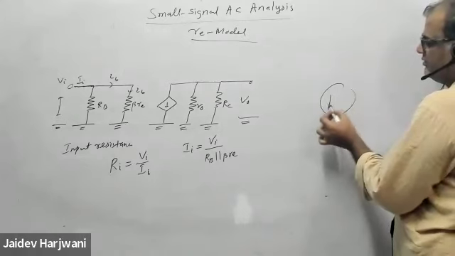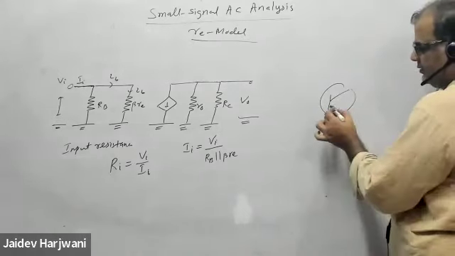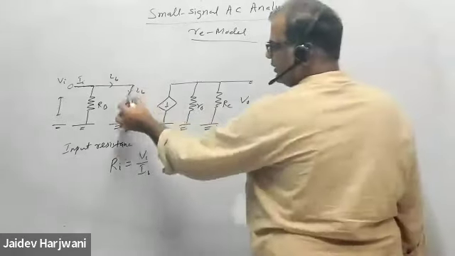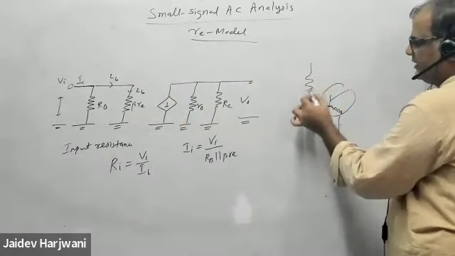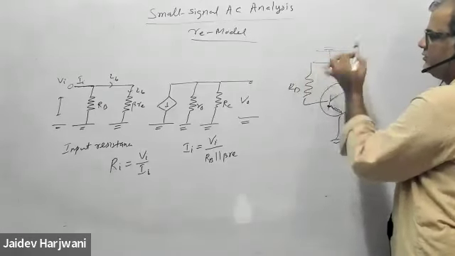See, this is the resistor, connected from here to ground. Now RB is coming here, and I'm making this ground.